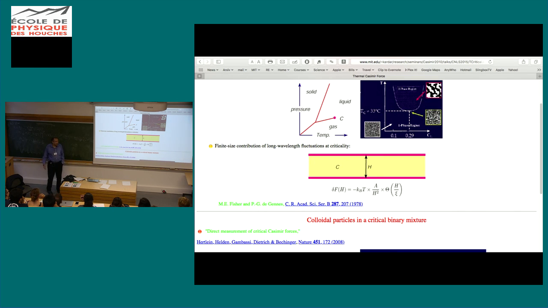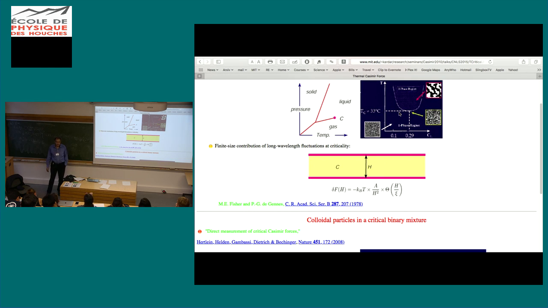So if you mix oil and water, there is a regime where you have separate droplets of oil in water or water in oil, and then you have a point where things start to get mixed and you have coexistence, and the coexistence interval terminates at a critical point in which the droplets, if you like, have all kinds of sizes. Correlation length has gone to infinity, so the prediction of Fisher and de Gennes should be equally relevant to that point.